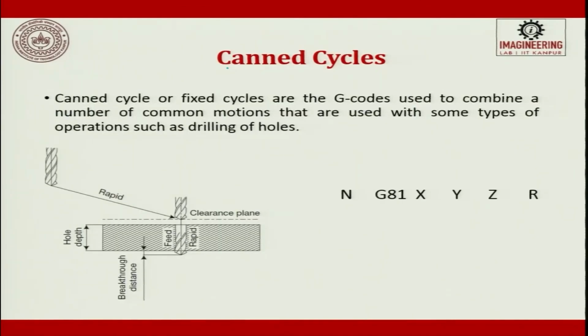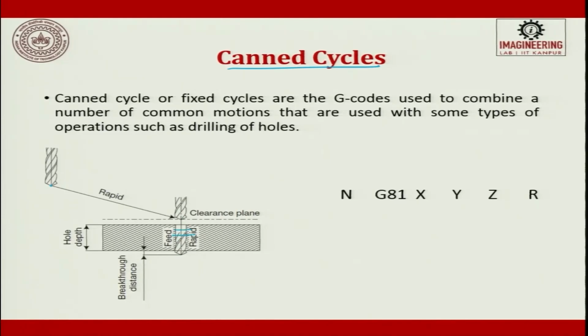Now a canned cycle. A CAN cycle or fixed cycle are G codes used to combine a number of common motions used with some type of operation such as drilling of a hole. From here it rapidly comes to this plane, called the clearance plane, and from here you can keep going inside and outside.